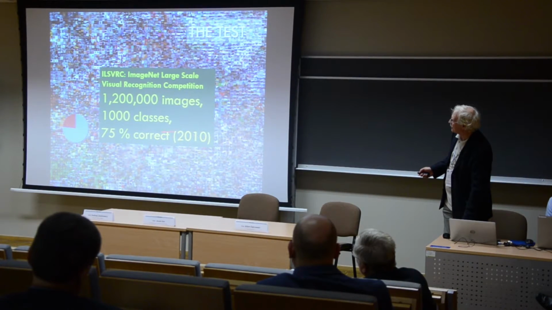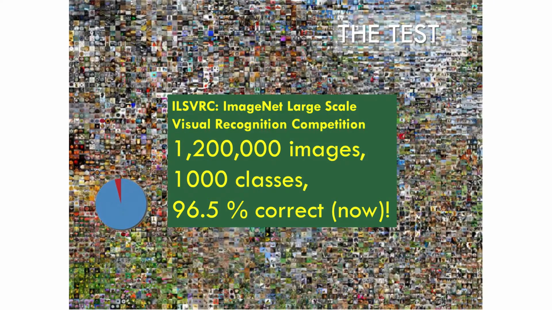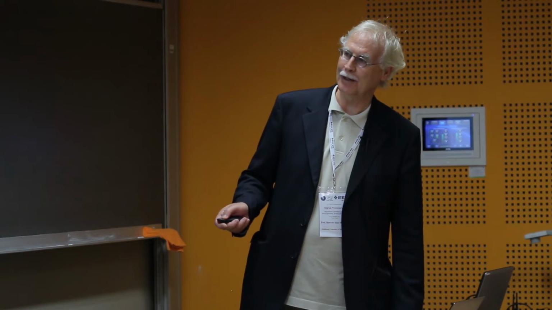Up till 2010, every year there was a game, a challenge to be the best in the world. And then there was a guy, and today we have 96% correct. It's better than humans even. And that made a huge jump in all this.